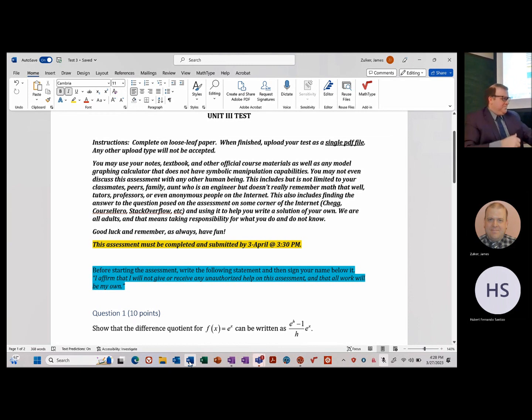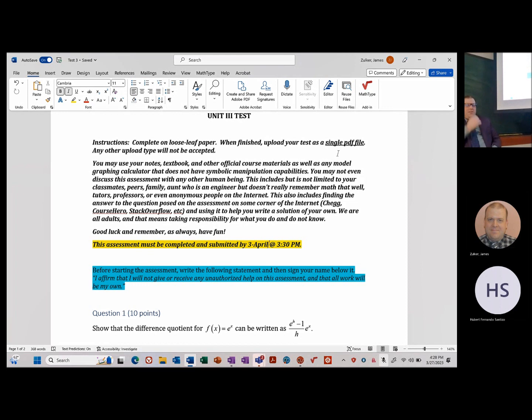Test 3 is now available. It covers exponential and logarithmic functions. In my opinion, probably the easiest test. All right, as before, complete the test on loose leaf paper.